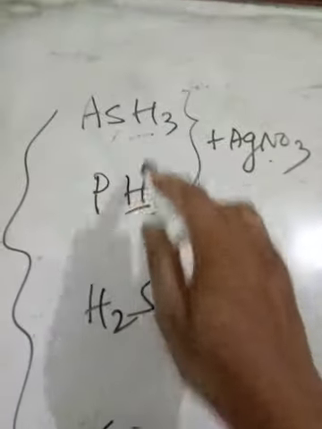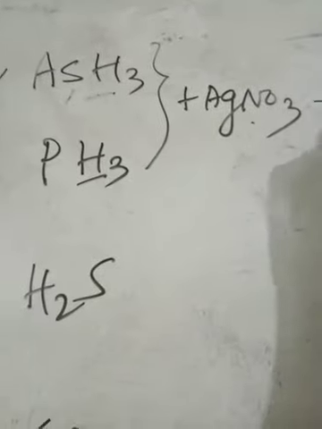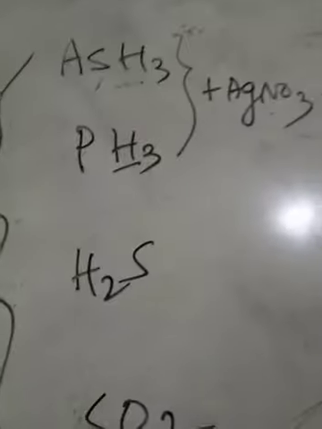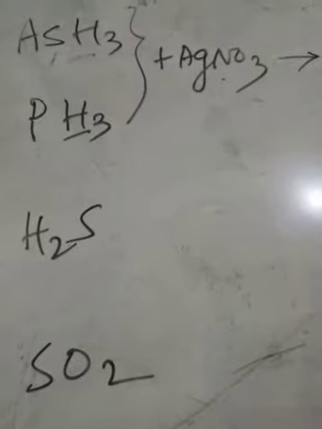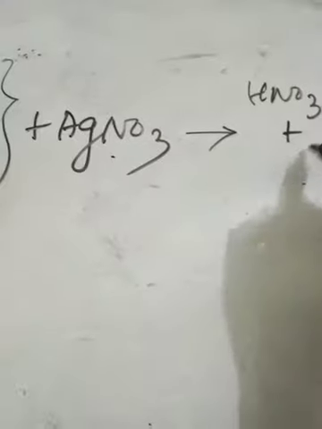When the arsine or phosphine mixed with hydrogen passes through silver nitrate solution, the two gases will be absorbed. Then you will get free hydrogen. In both cases HNO3 will be formed.